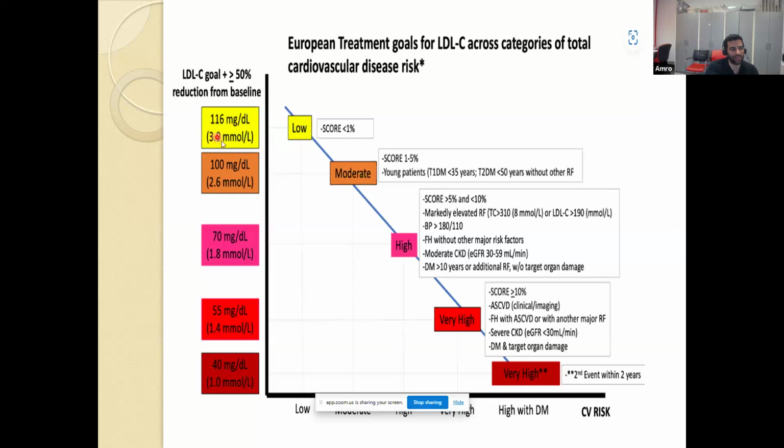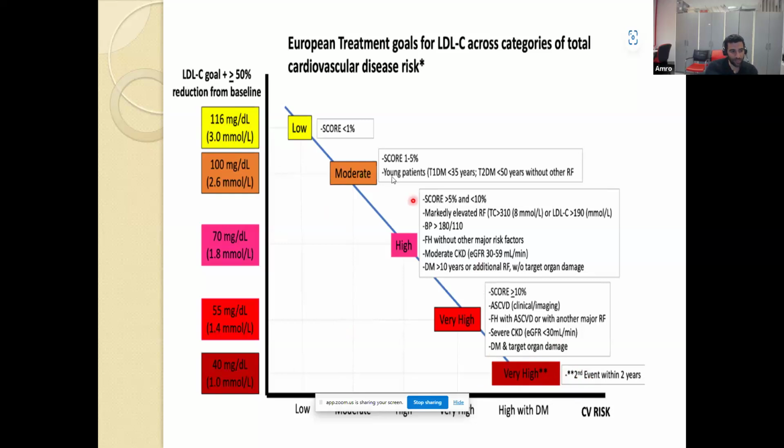You can just keep it relatively slightly higher than average. Equivalently, if you've got someone that's had 2 cardiovascular events within 2 years, you are never going to want their LDL cholesterol at 3 millimoles per liter, because they'll continue having further cardiovascular events. So you want their LDL cholesterol to be as low as possible. So the lower the better when it comes to people with cardiovascular disease.